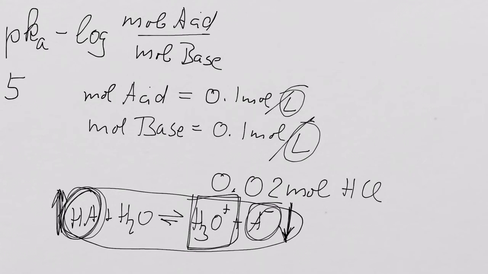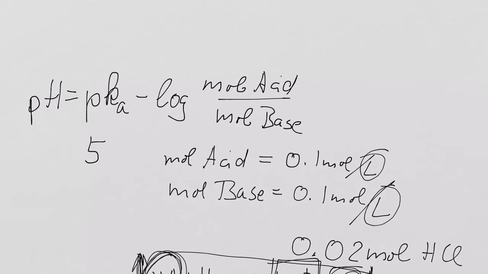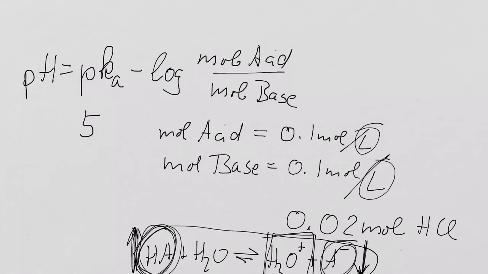So how can we take care of that? Well, we can say our 0.1 mole was original, and that is original, 0.1. That gave us a pH of 5, we said. Now, how much did the acid increase?